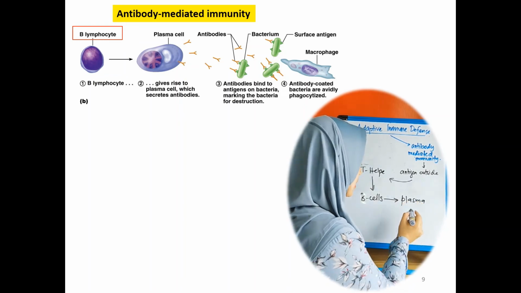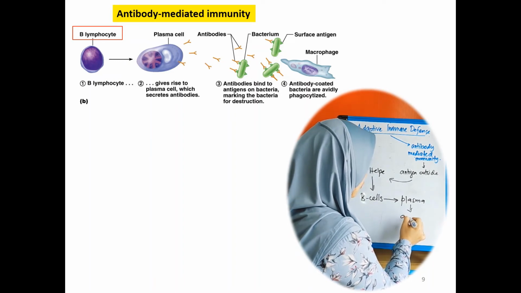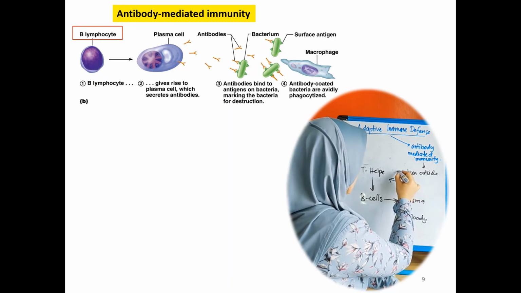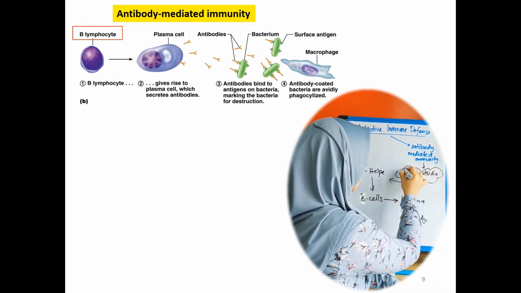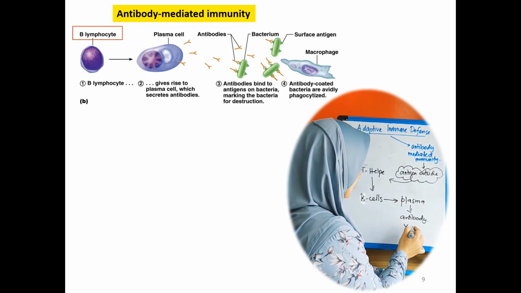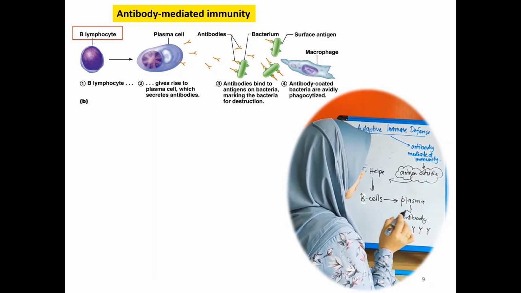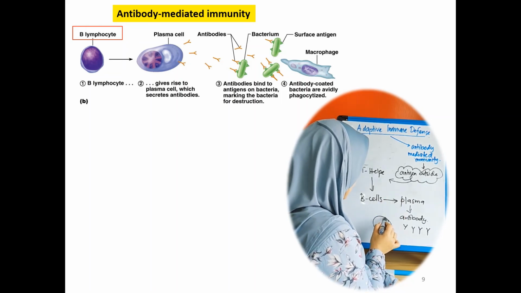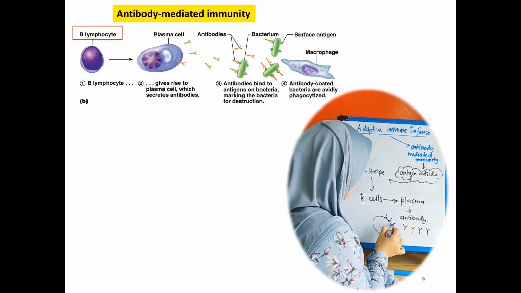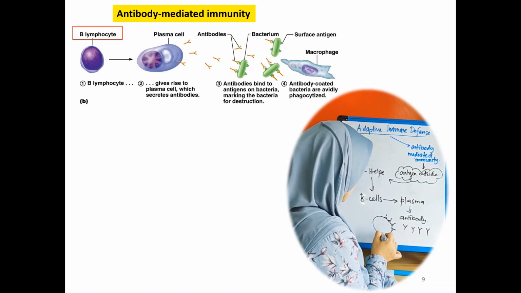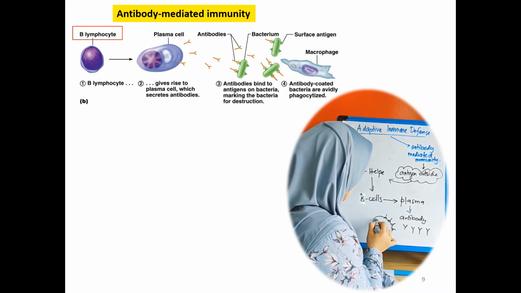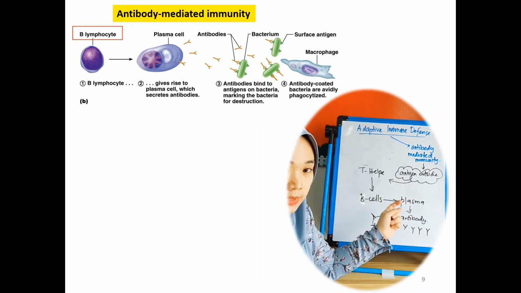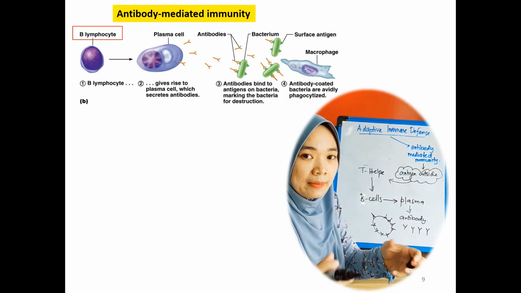Plasma cells will secrete antibody against this antigen, okay, and this antibody will attach to the antigen, so it will make this antigen that came from outside accumulate and clump together.